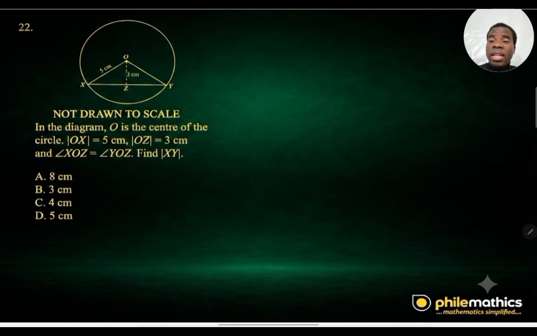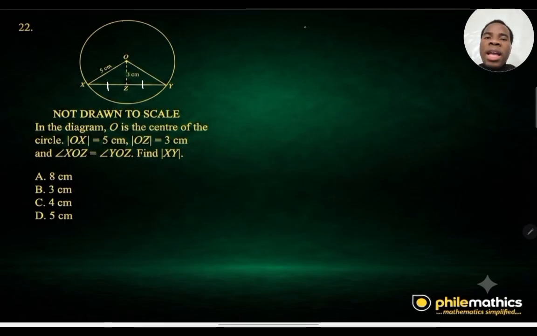We know that in a circle theorem, a perpendicular line from the center of the circle divides the chord below into 2 equal parts. So it means there is same as here.